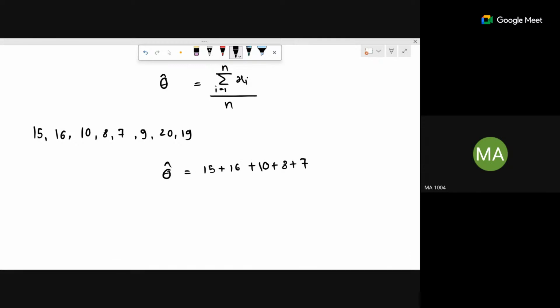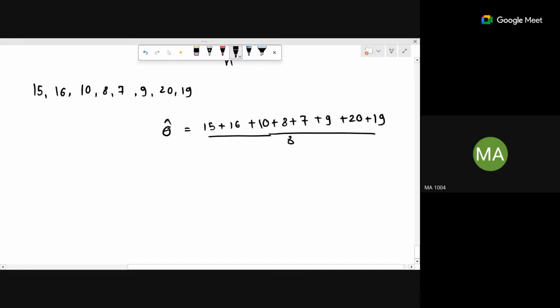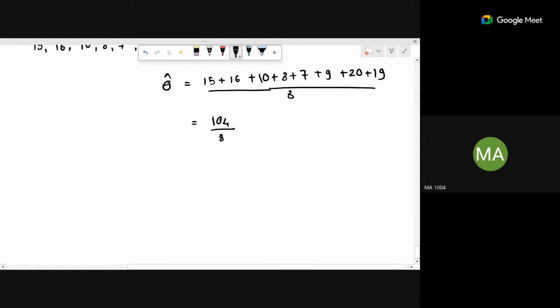That will be our estimate of theta hat for the given sample.